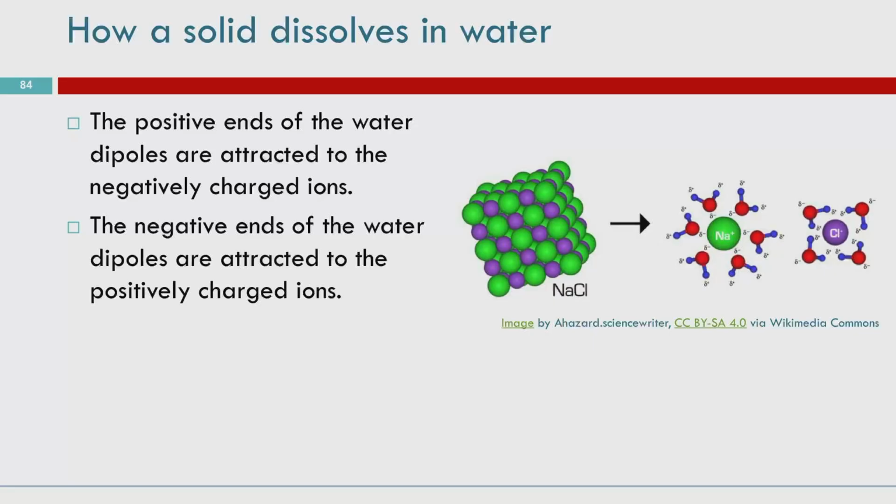So for the water molecules, the negative side, the oxygen side, is going to buddy up with the sodium ion because it's positively charged. So the negative and the positive interact with each other, and that helps stabilize the sodium ion. The chloride ion is going to buddy up with the partially positive hydrogens, and those will stick together in solution.